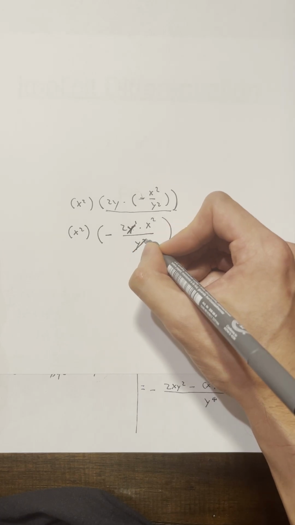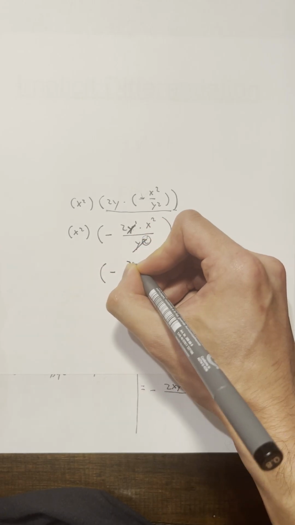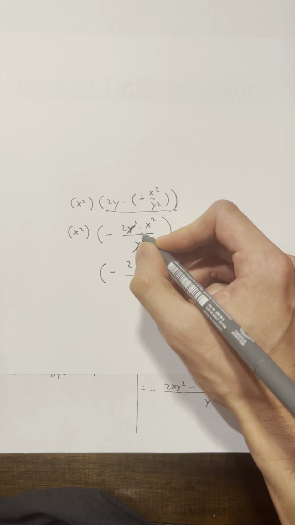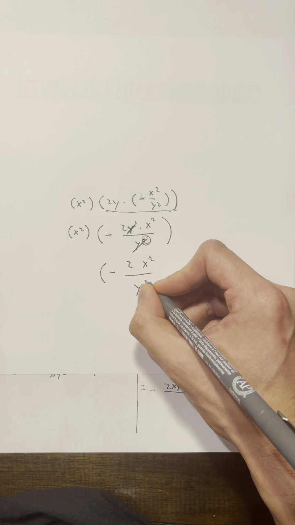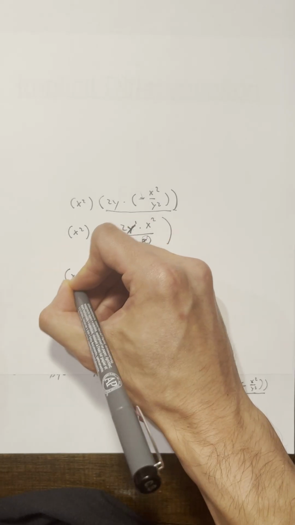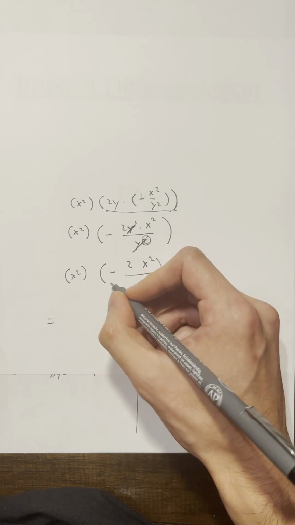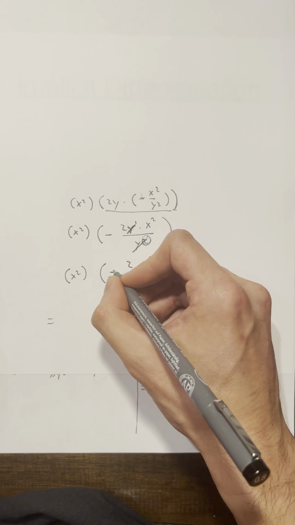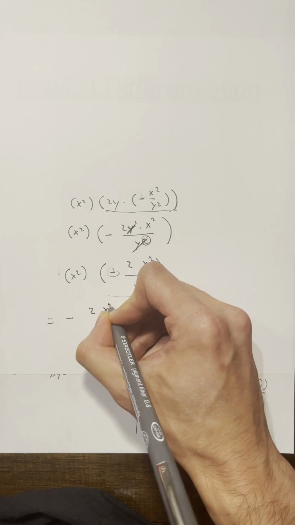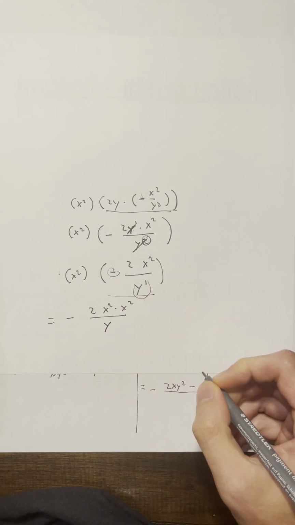So if I cross this out, I have to subtract 1 from 2. So it's going to be negative 2, over y to the power of 2 minus 1. So y to the power of 1, which is just y. Okay, but I'll just write the 1 there. And again, I'm multiplying this and this. I can move this in front. And then we've got 2x squared times x squared over y to the power of 1, which is just y.